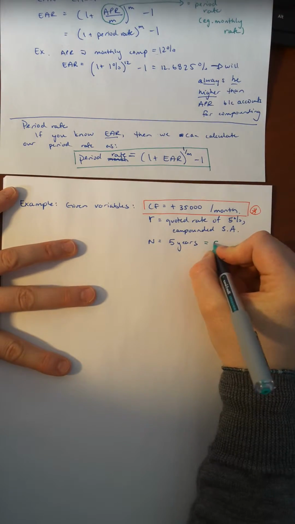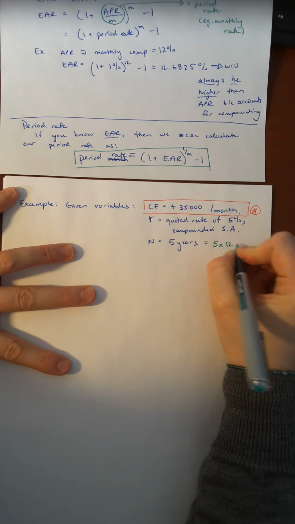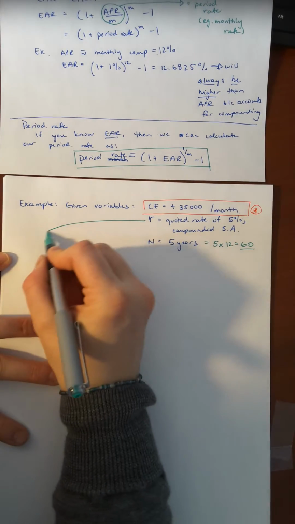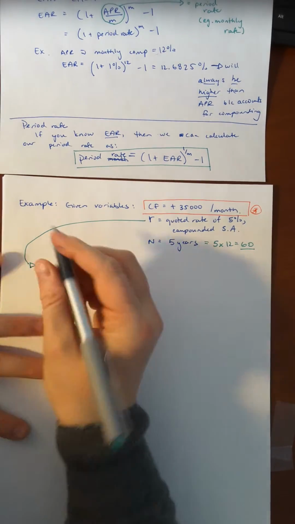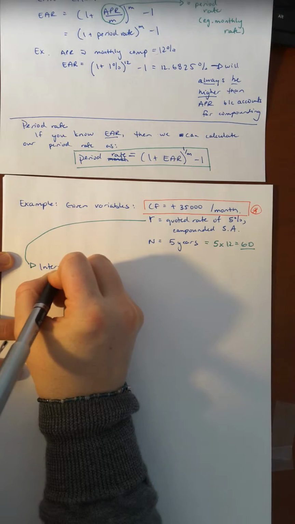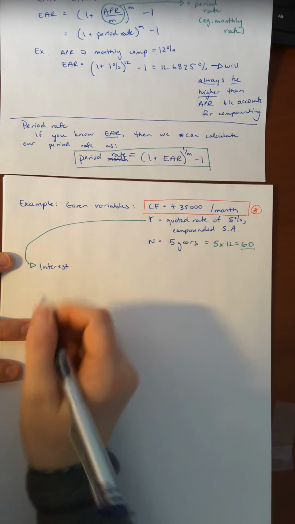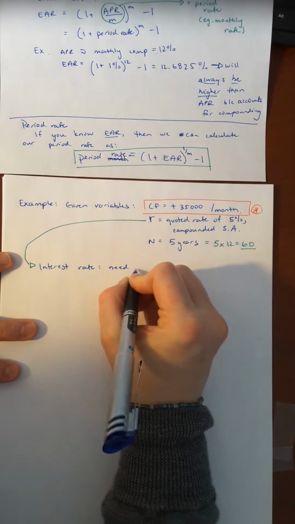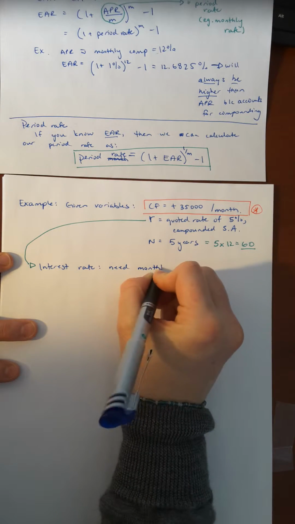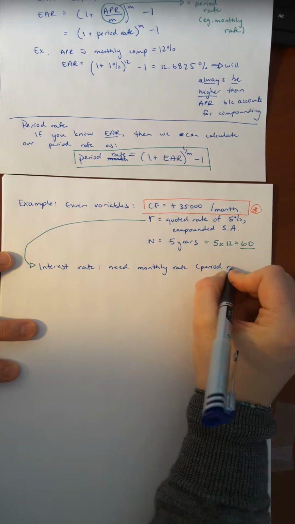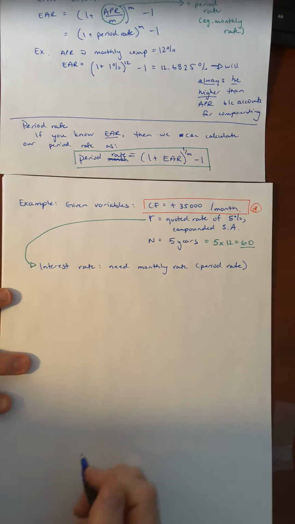Years, all we need to do is 5 times 12. So no problem there. But we need to do a little work on our interest rate to move it into a monthly rate. So we need a monthly rate, and remember, that's a period rate. How do we do it?